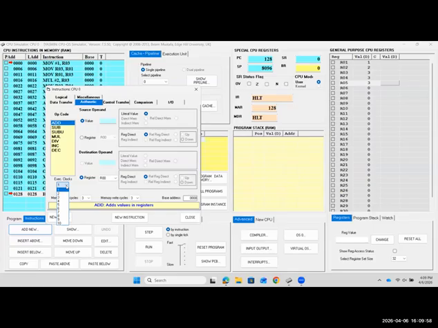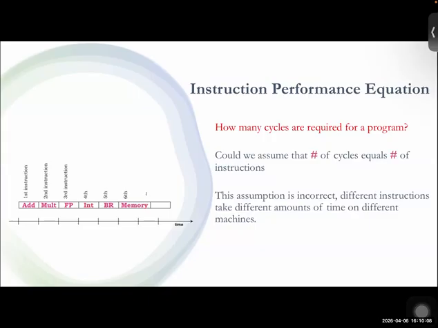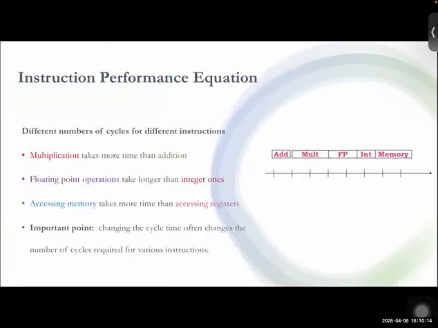That depends upon the operation. So one cannot say that every instruction has the same number of cycles. This assumption will be incorrect.